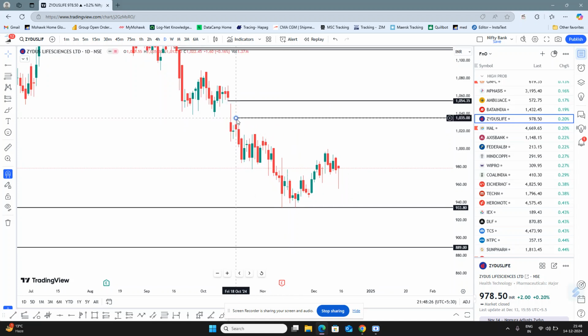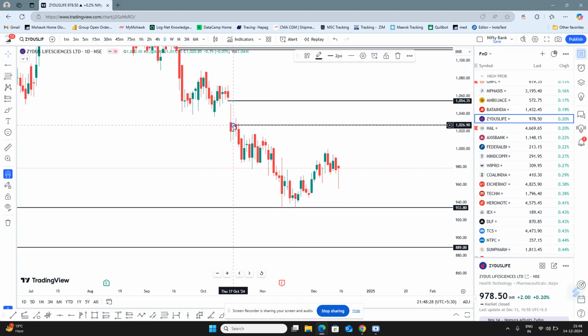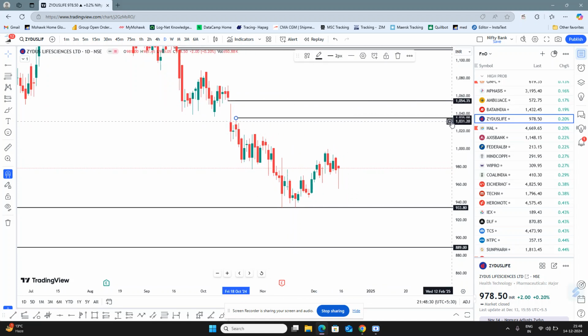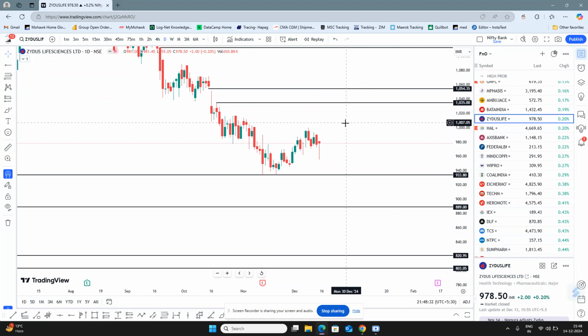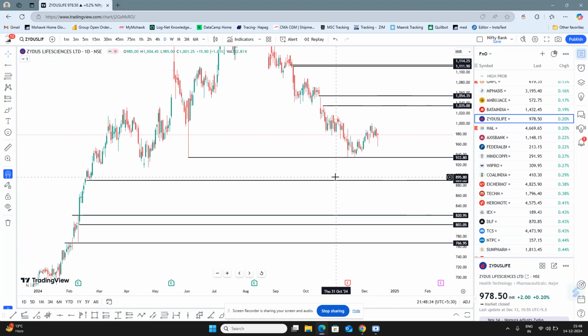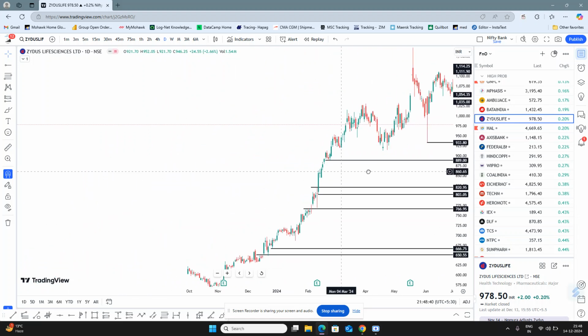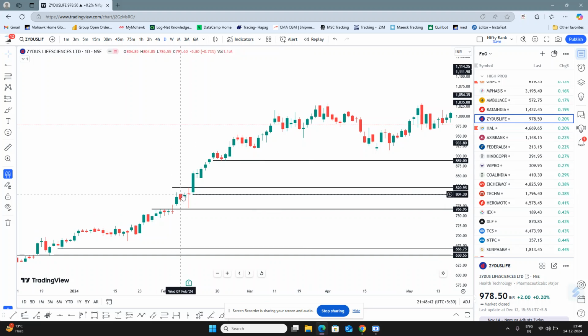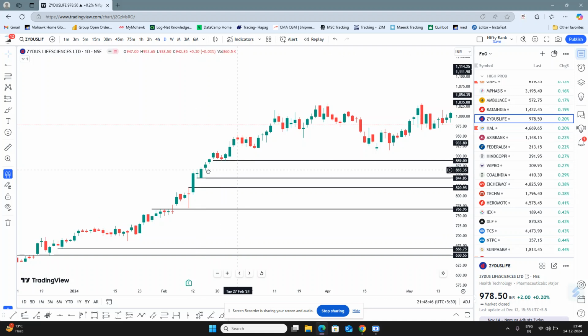Basically this was at 1, 2, 3, but it came till here. So this is still a zone from where we can short as well. For buying, I will look only at these points which we marked. We can improve them by doing this, right?